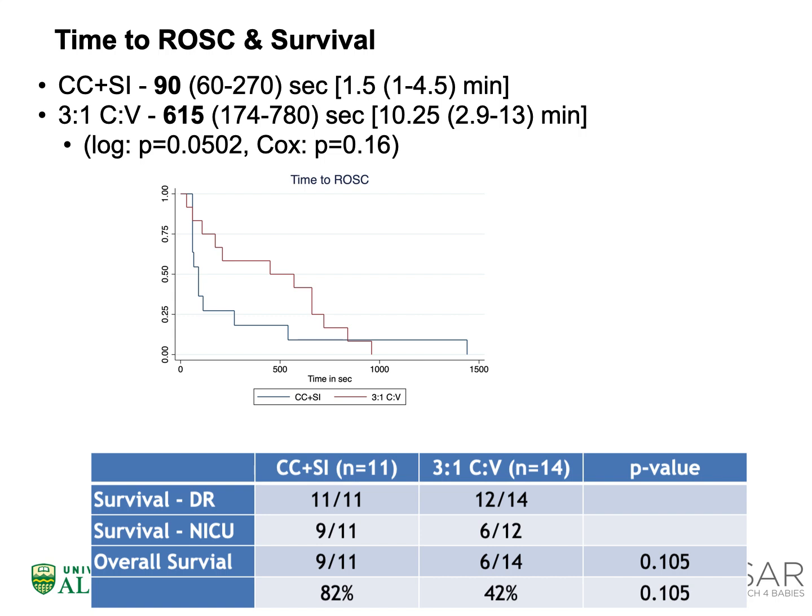The second study, which was a cluster randomized trial across 4 sites in Canada and Austria, showed similar results. You can see that the time to ROSC was lower, it was 90 seconds with CCSI versus 615 seconds with 3-to-1. But given the analysis as a cluster trial, this was not significant. Similar for mortality, while it was higher with CCSI, it was not significant given the low numbers.